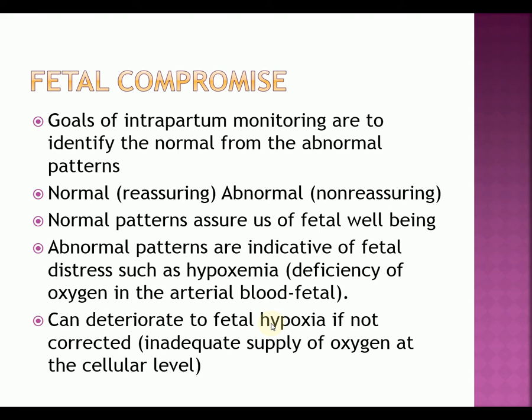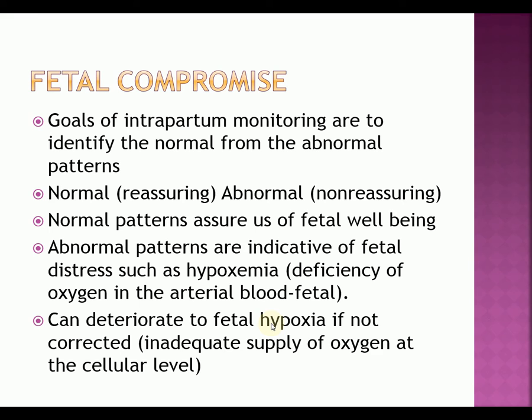Our abnormal patterns, of course, mean something's wrong. Usually it's indicative of some type of fetal distress, such as hypoxemia, where we have a deficiency of oxygen in the arterial blood to the fetus. This hypoxemia can deteriorate to fetal hypoxia, which is an inadequate supply of oxygen at the cellular level, if we don't correct it in utero.